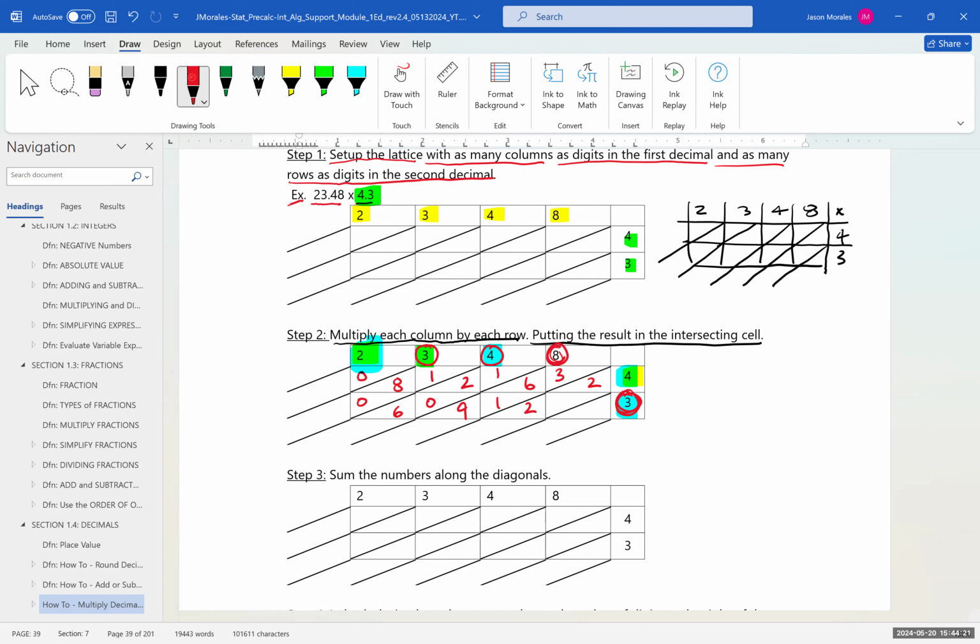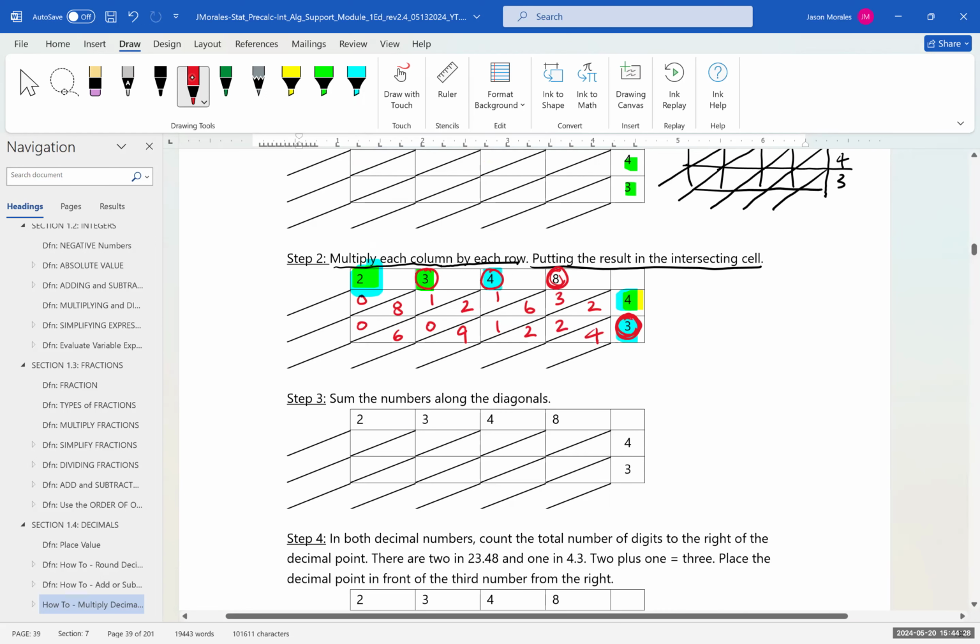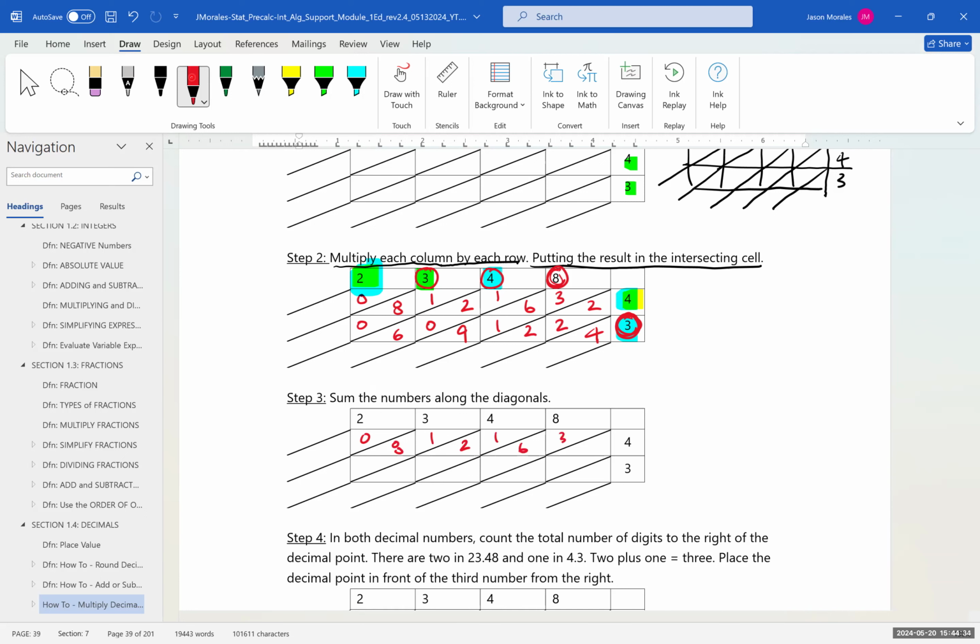And 8 times 3, which is 24. That's step 2. So let me rewrite all of these numbers here for step 3. Hopefully I'm correctly transcribing these. You wouldn't be transcribing these like I'm doing; I'm just doing it for clarity.